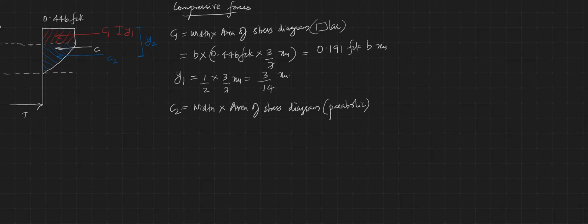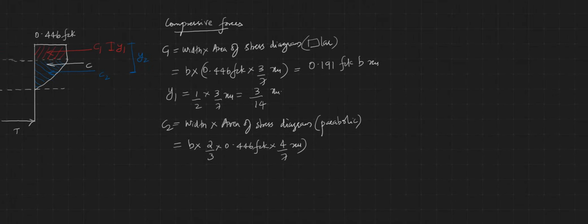That is, you'll get it as small b into the area of a parabola, 2 by 3 of 0.446 FCK into the distance, that is 4 by 7 XU. You will get this value as 0.1717 FCK B XU, and it is acting at a distance of y2.